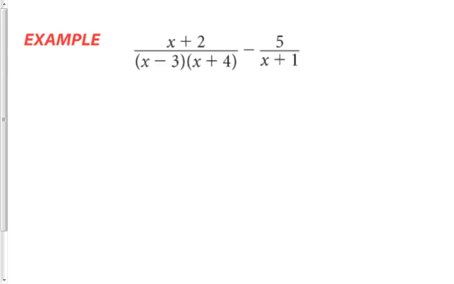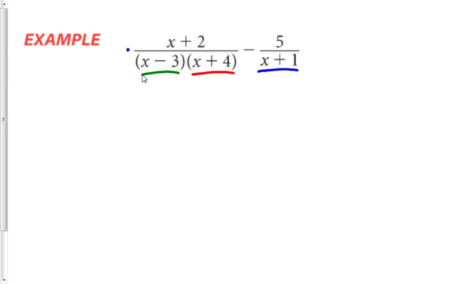Now let's look at the example of x plus 2 divided by x minus 3 times x plus 4, minus 5 over x plus 1. First of all, I need to get all my components together, and I need to find a common denominator. In this case, the common denominator is going to be x minus 3 times x plus 4 times x plus 1.